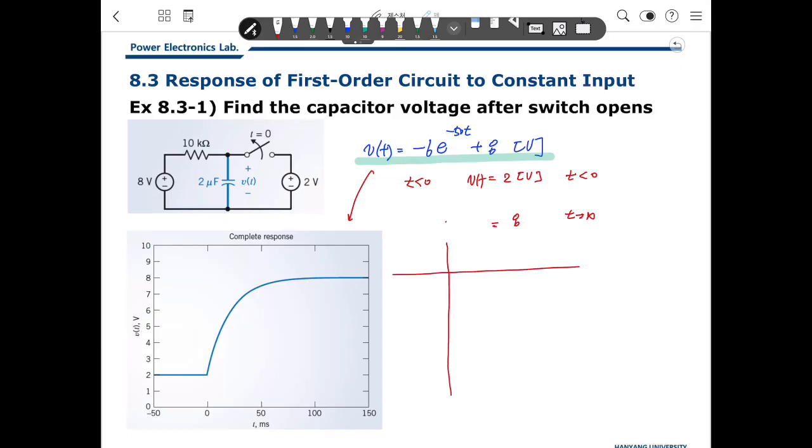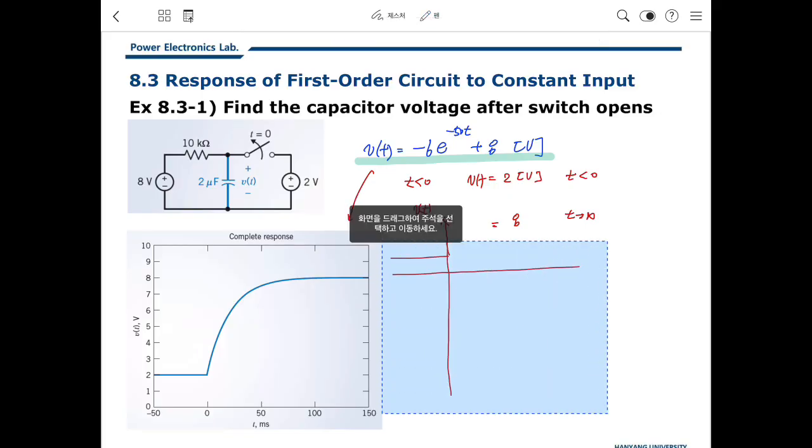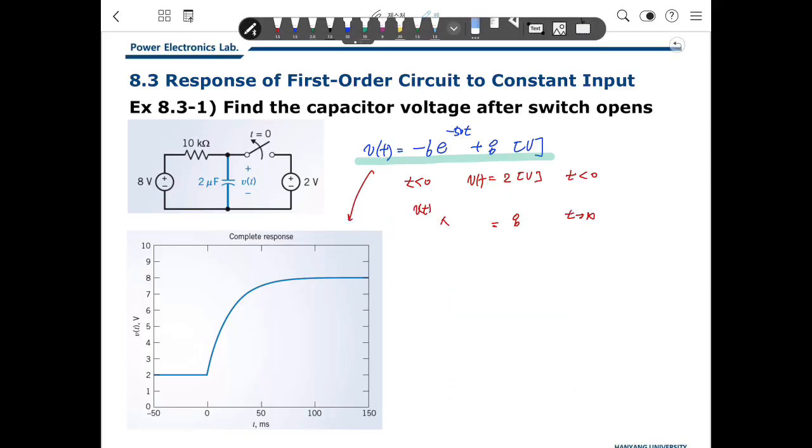So let me draw here. At first, V is 2 volts here. And later, that value will be 8. But in some area, there will be some response. It's like a transient here.